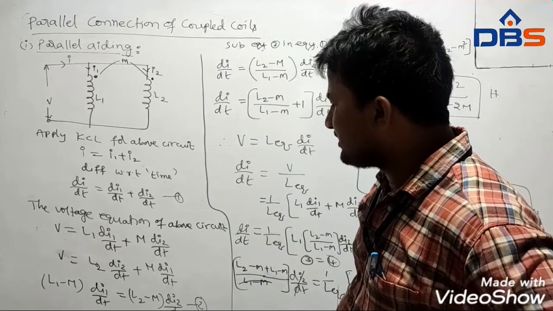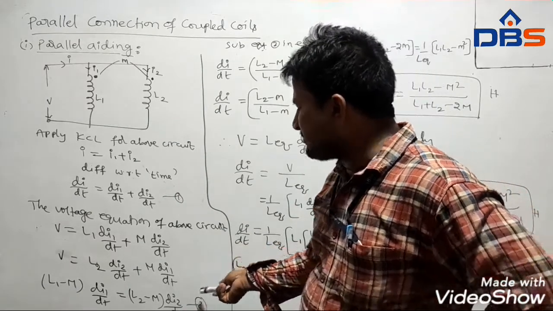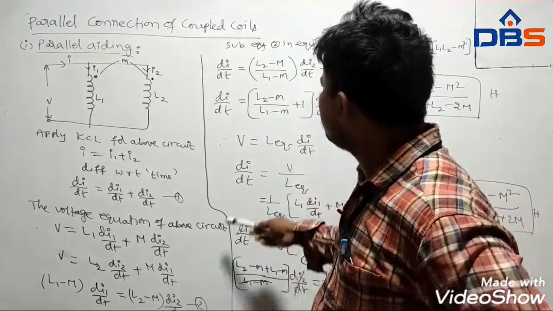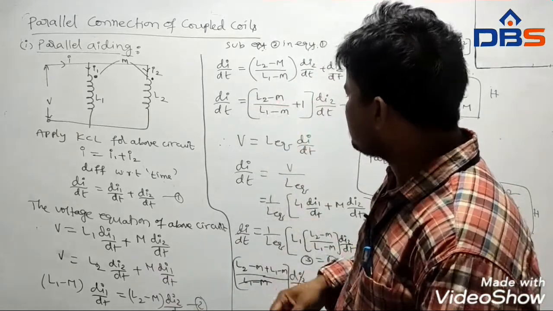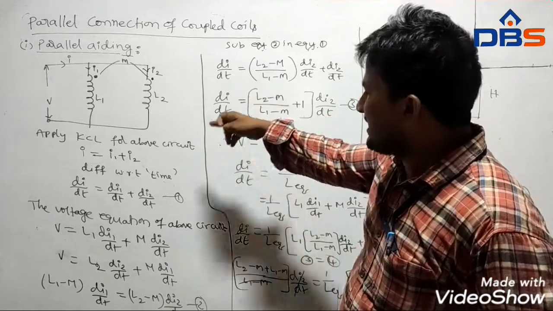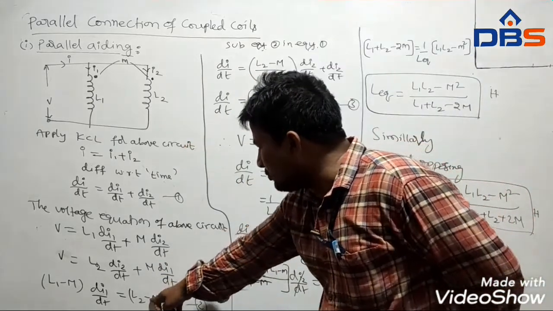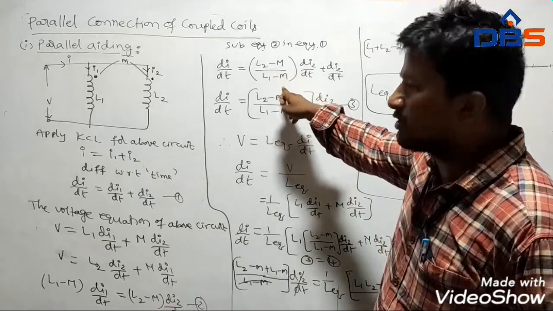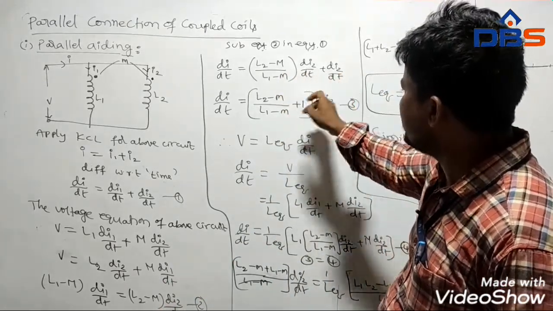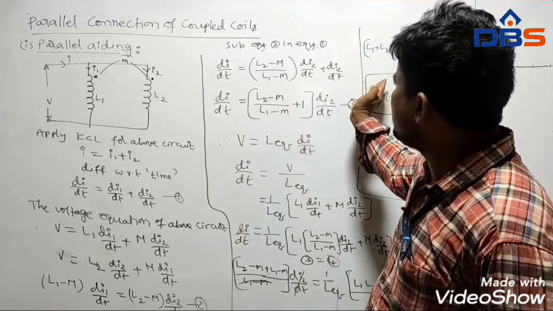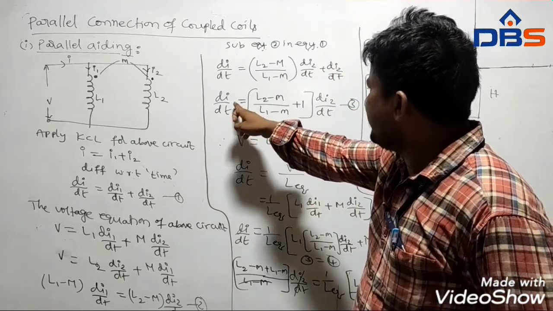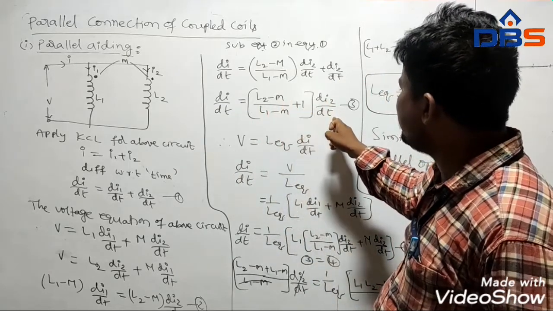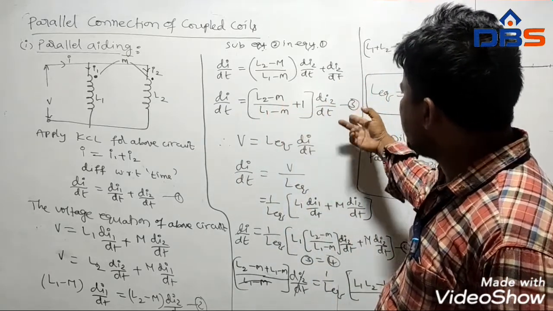Equation 2 gives dI1 by dt equal to (L2 minus M) by (L1 minus M) dI2 by dt. So dI by dt equals (L2 minus M) by (L1 minus M) dI2 by dt plus dI2 by dt. Taking dI2 by dt as common factor, dI by dt is equal to [(L2 minus M) by (L1 minus M) plus 1] dI2 by dt, and this is taken as equation 3.